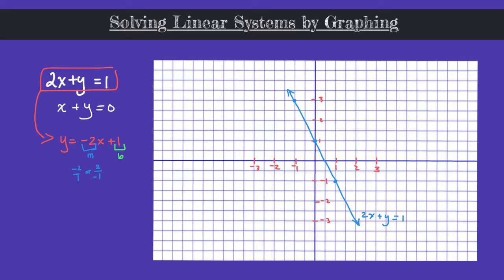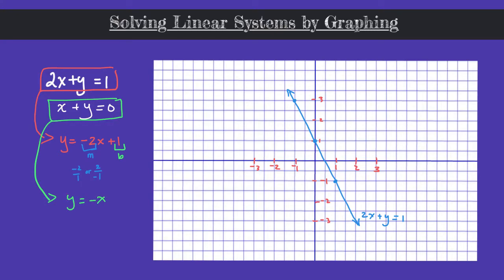Now, let's take a look at the next equation. You can write that into slope-intercept form as well, and that will be y is equal to negative x.